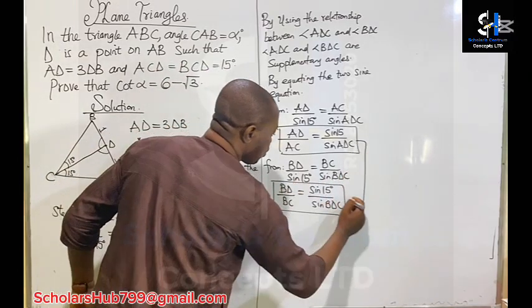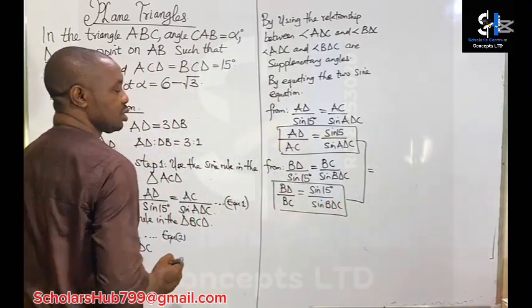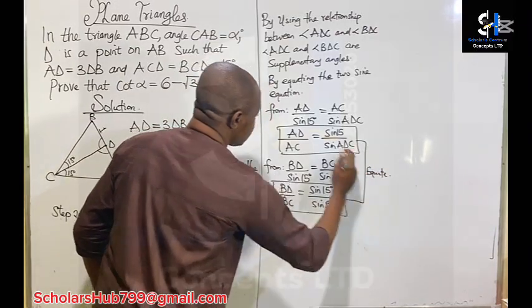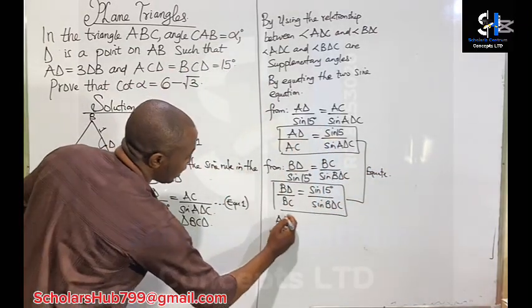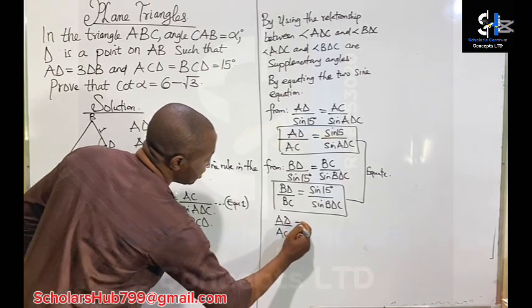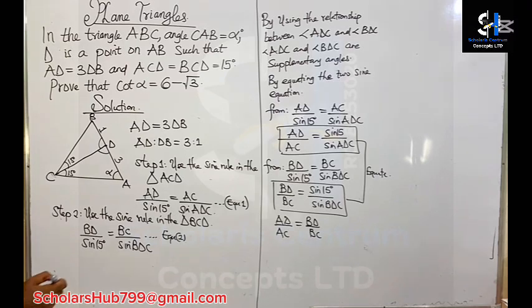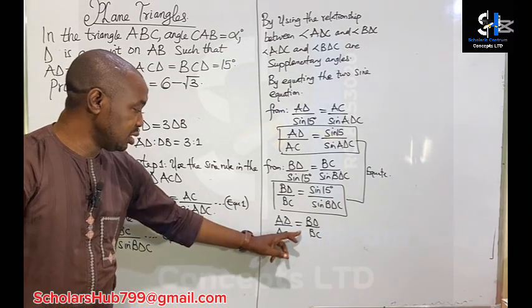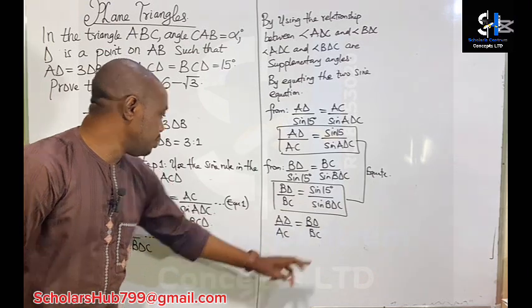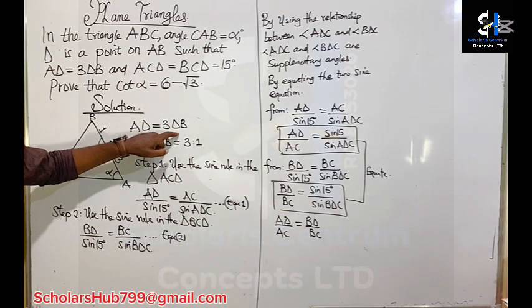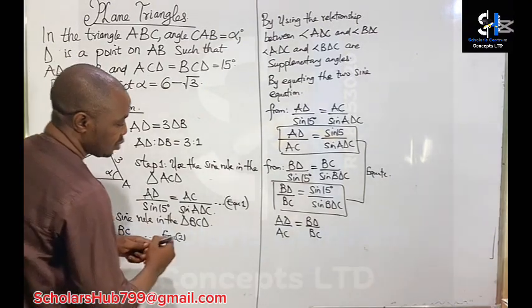So now these two will be equated. When we equate them, we have AD over AC equals BD over BC.